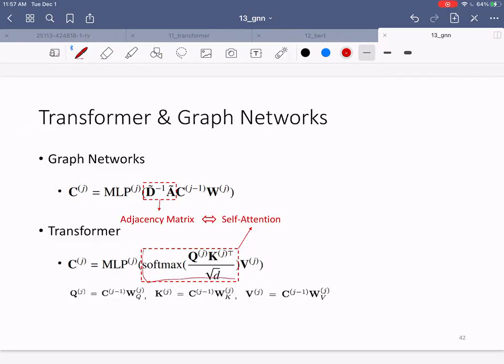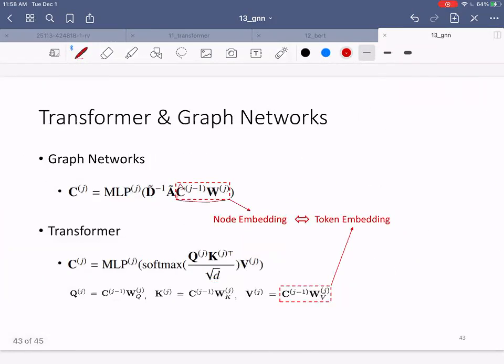So the normalized adjacency matrix and self-attention are basically compatible. And the node embeddings and the word embeddings have the same equation: C times the node embeddings from the previous time step, plus the word embeddings from the previous block, and the word embedding matrix. That's it. So those two are interchangeable.